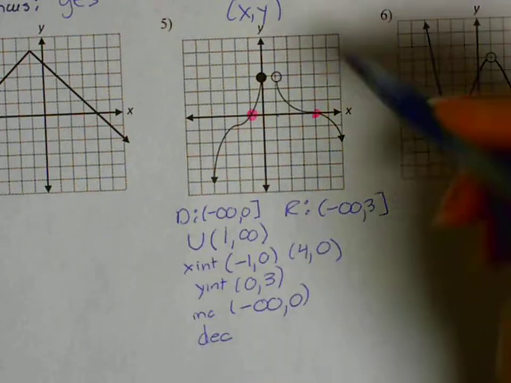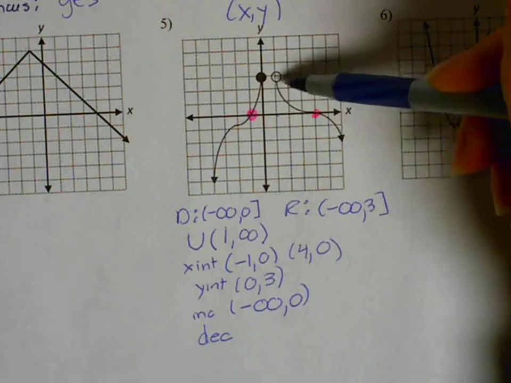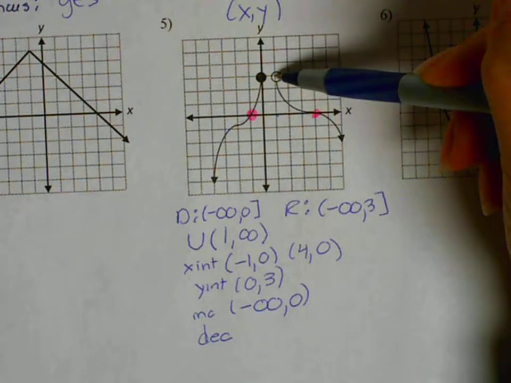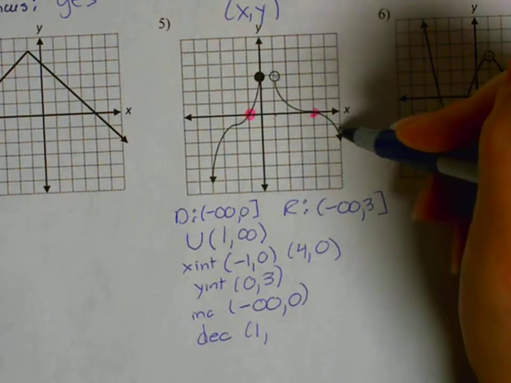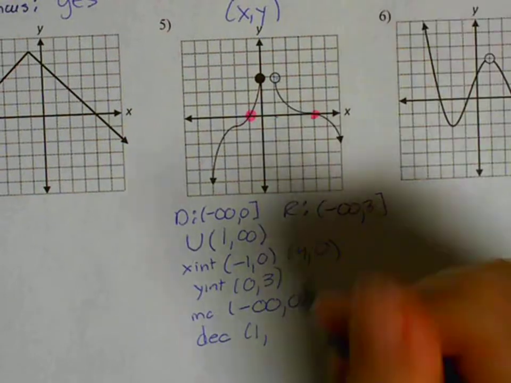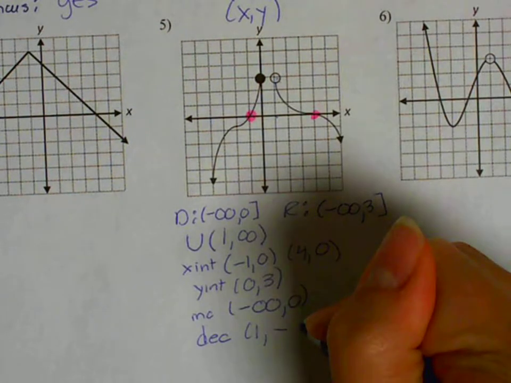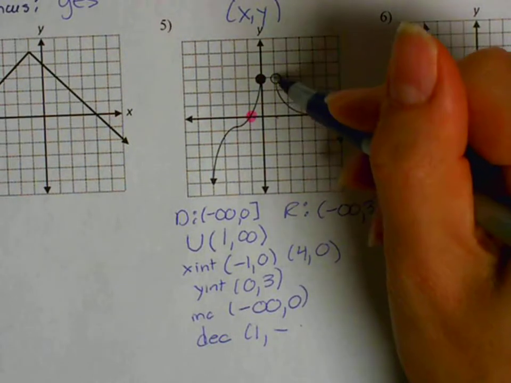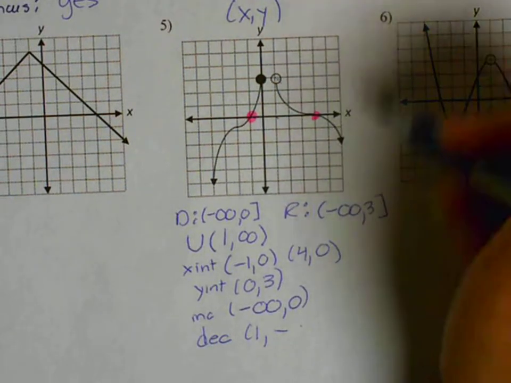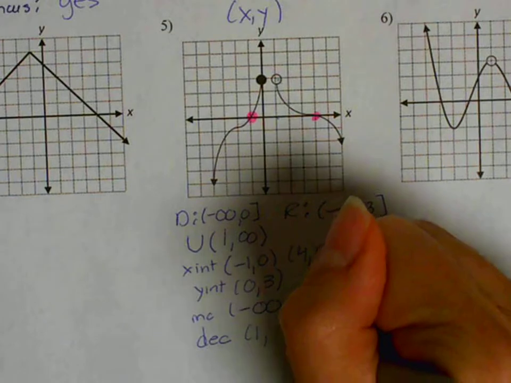Now my decreasing, it's going downhill here. So it starts here where x is 1. And again, it goes on forever. I'm sorry, it's not going down, we're talking about x's. So it's going down and getting wider and wider all the way to positive x.